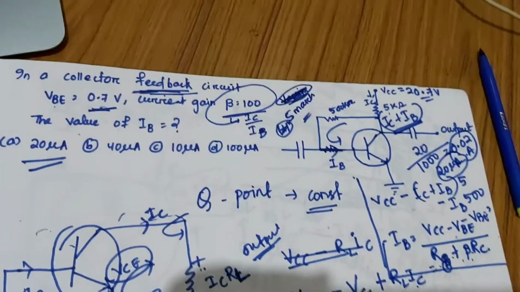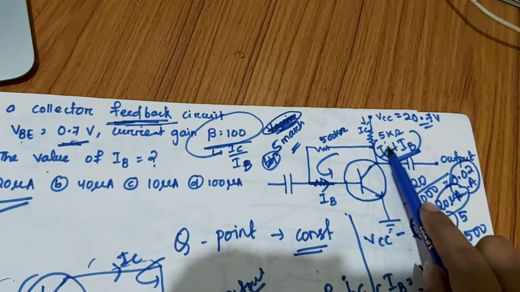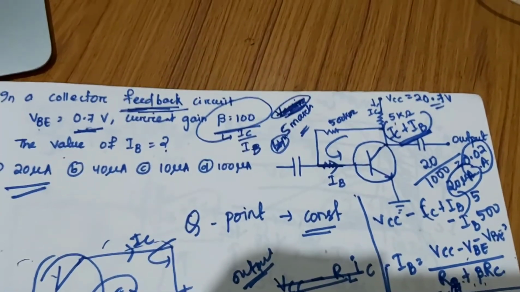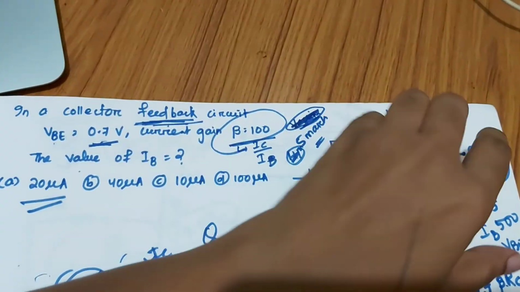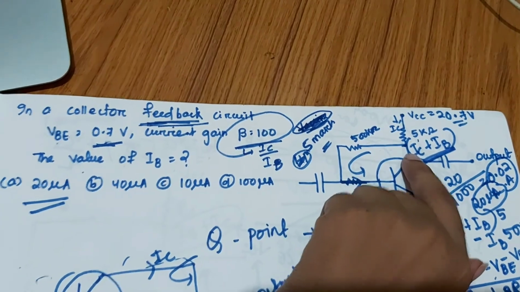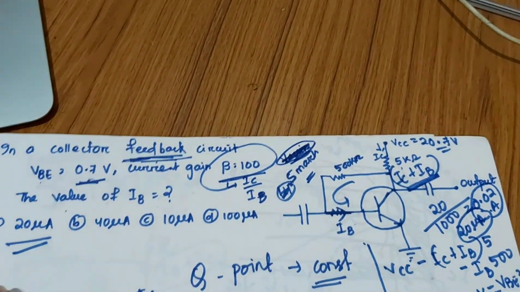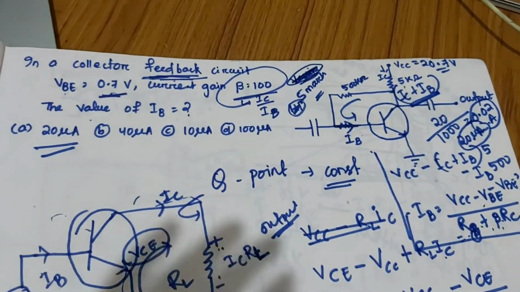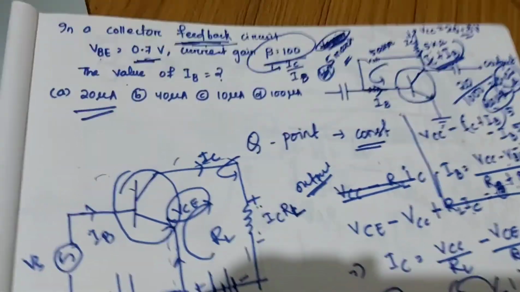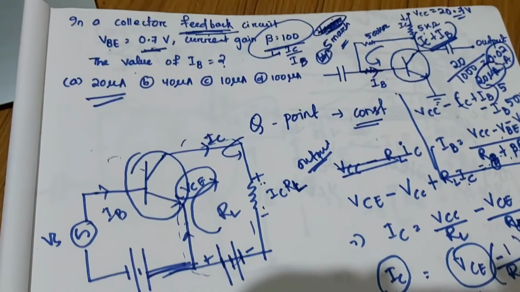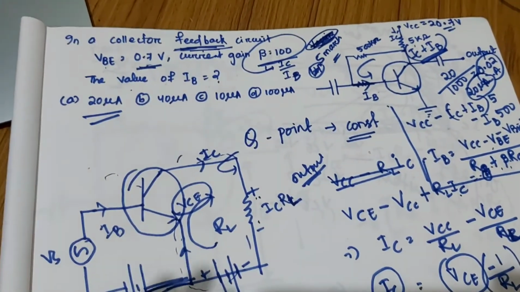If I can identify this as a feedback circuit, and remember that when a feedback circuit is used there is IC plus IB, then I can easily use the KVL law and get the answer. I hope you guys understood this well, and if there is any doubt, you can comment in the comment section.